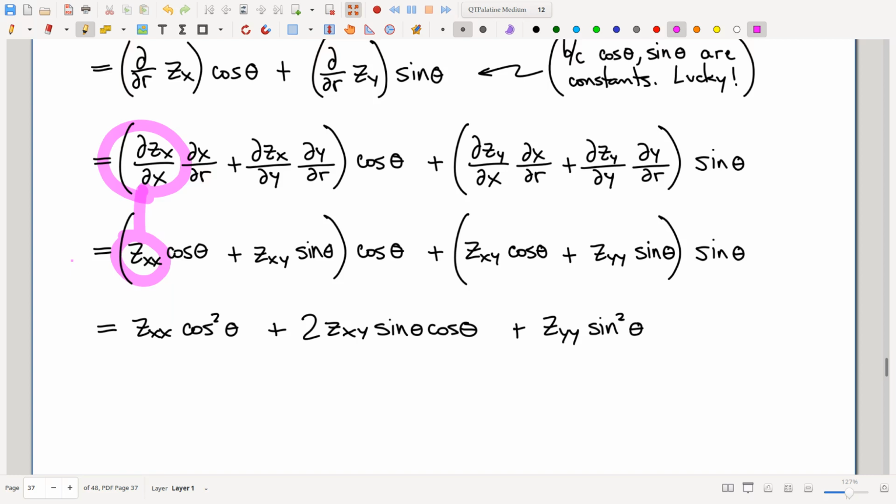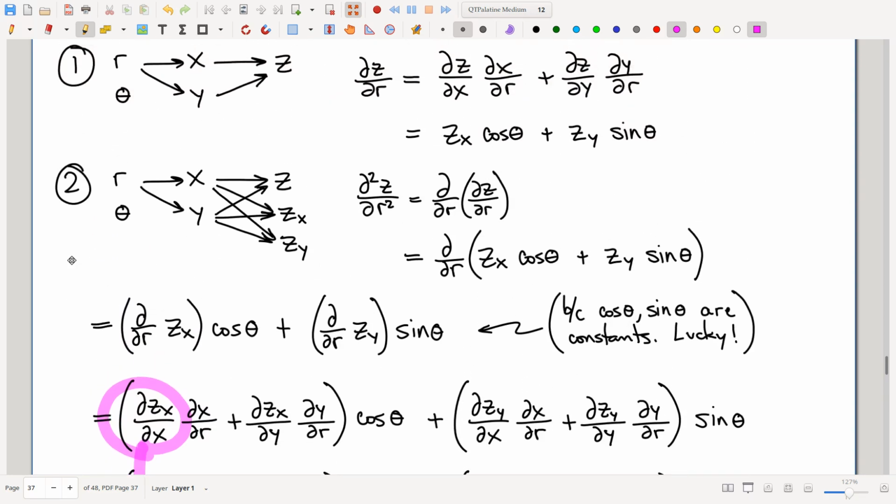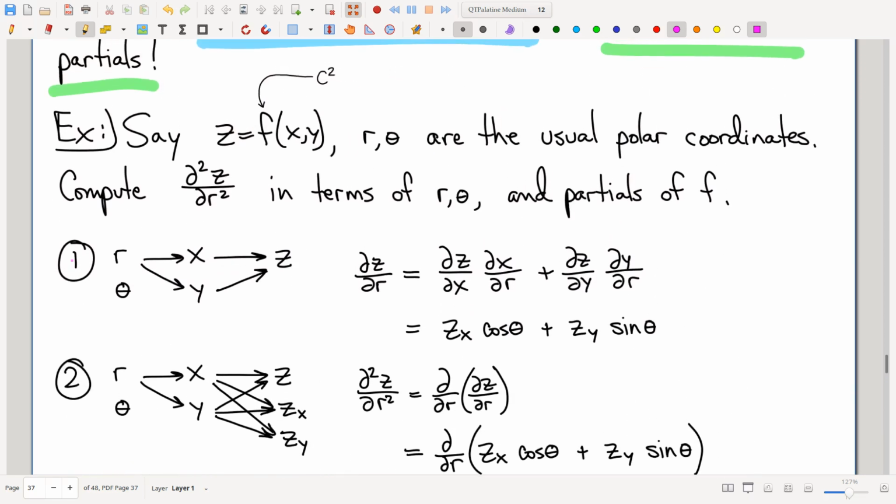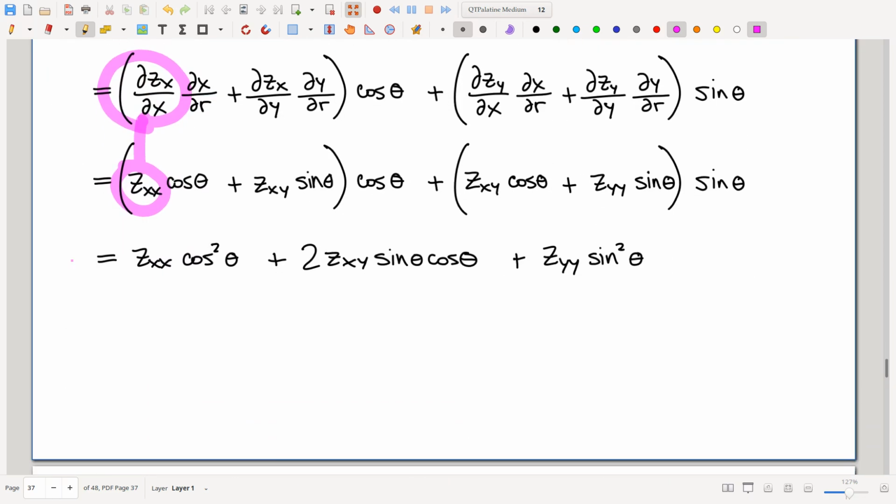In some sense, the whole point is that this expression will be different depending on what different f's you have. What this says at the bottom is that the way you compute that is by taking the function f that gives you your z, taking various rectangular partials of it, and then combining those rectangular partials in this way.